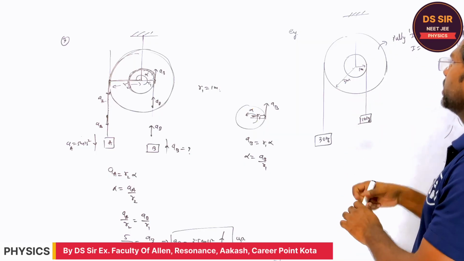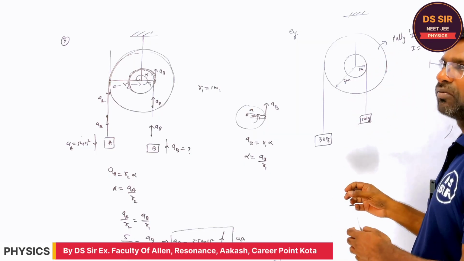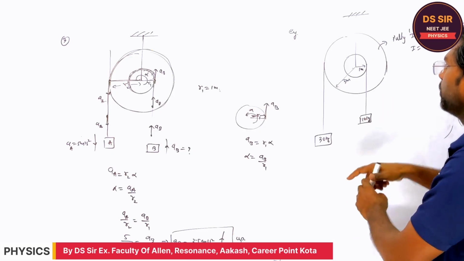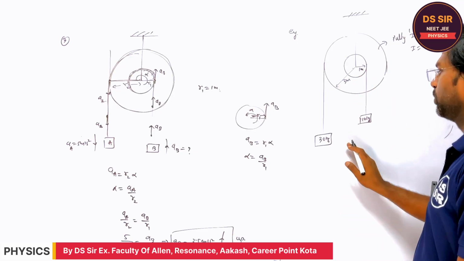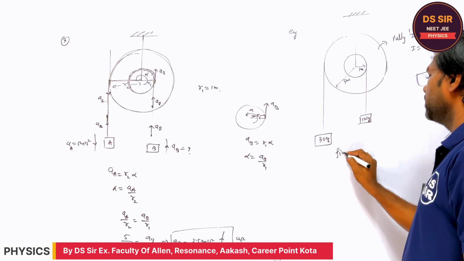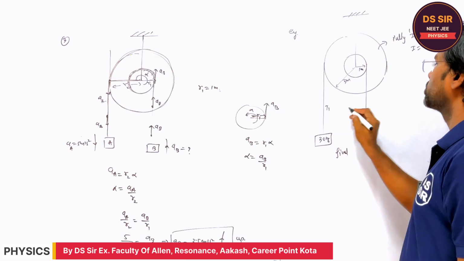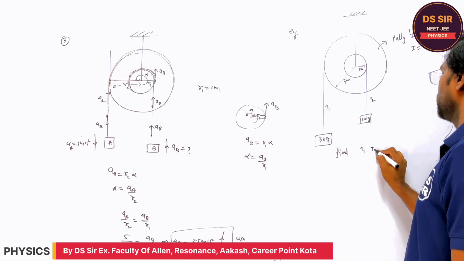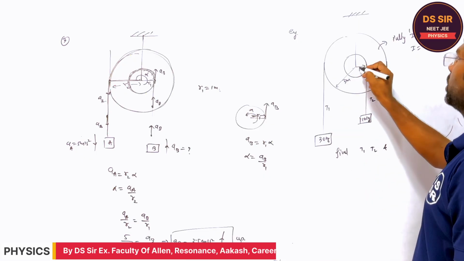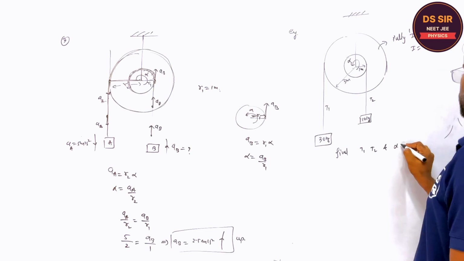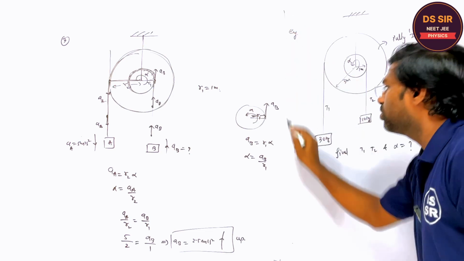The pulley is not ideal, and the string does not slip over the pulley. So it is called the double pulley system. So you have to find the tension in this string, find T1, T2, and the angular acceleration alpha of the pulley. Do you understand or not?